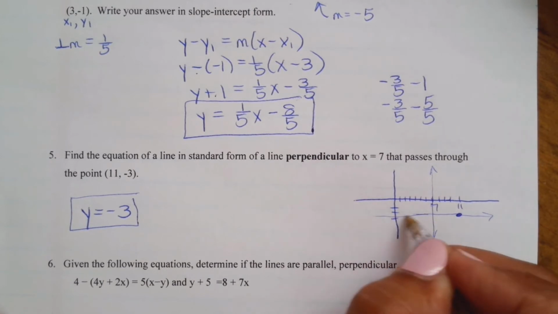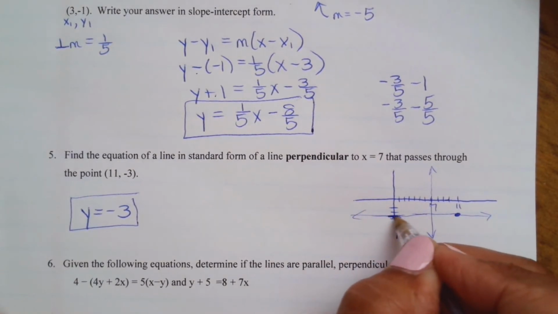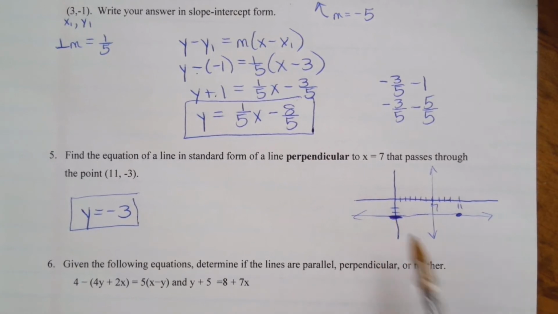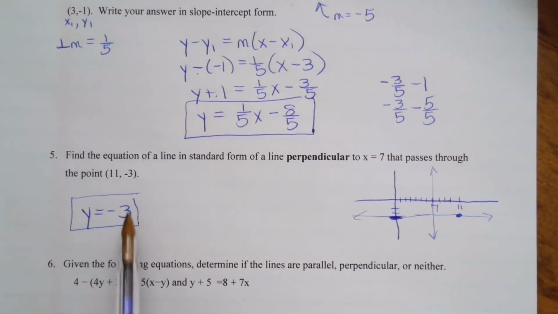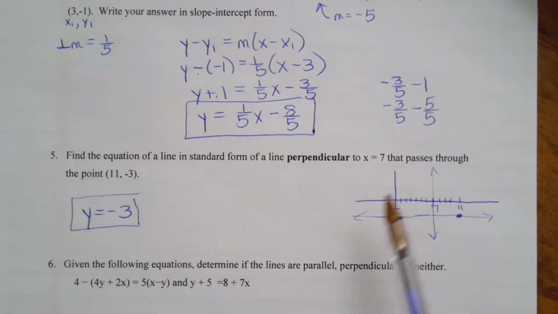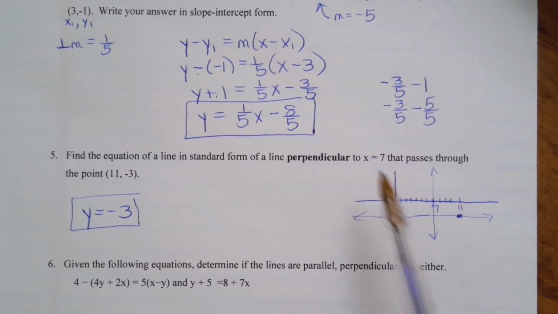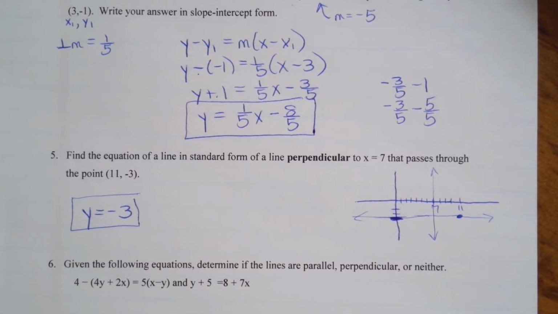And that horizontal line, well, if I drew my points right, would go through -3 right here. Okay, so horizontal lines are always y equals that number. So the better you get at knowing your horizontal and vertical lines, the easier some of these questions will be, because you would be able to see right off the bat that that's a vertical line, and then you would kind of know what to do from there.